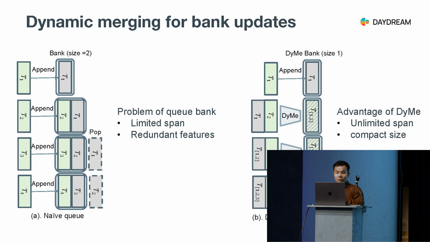So we always keep a very compact memory bank, which is size 1. Theoretically, but not practically, we get unlimited span because we don't forcefully pop out the previous features. Rather, we merge the previous features into the current time step.